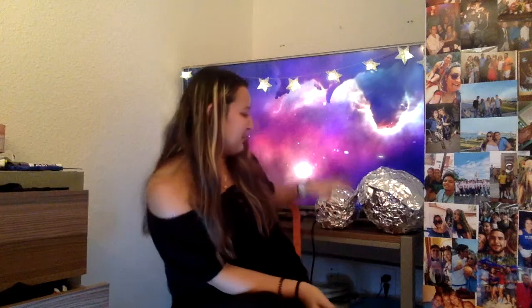So I have another experiment type thing. So basically, this is the star with the iron built up inside. So it's not pushing any energy out. It's only gravity in.